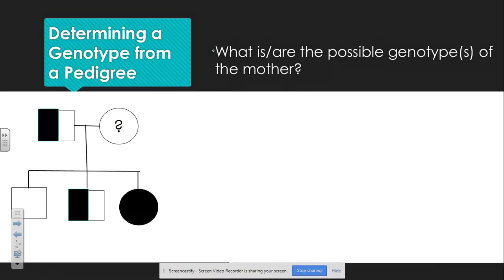Okay, so now what are the possible genotypes of the mother? So here we do see that we have some half-shaded squares, so we do have information about who's heterozygous. So this one is heterozygous and this one's heterozygous.